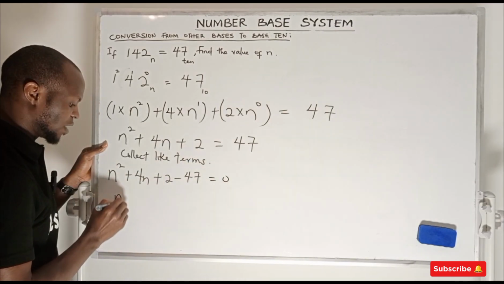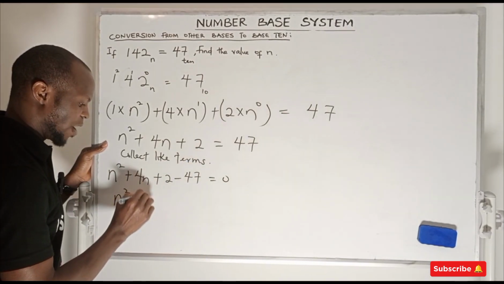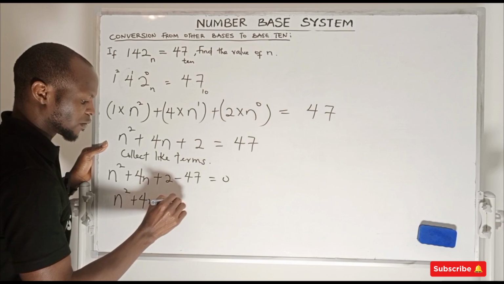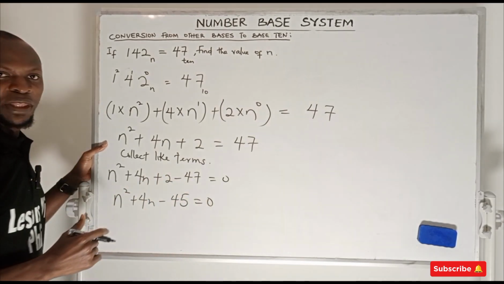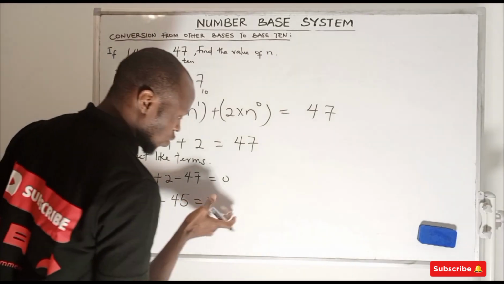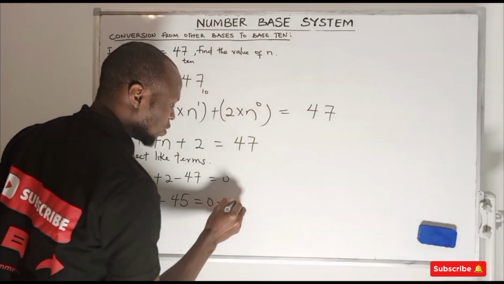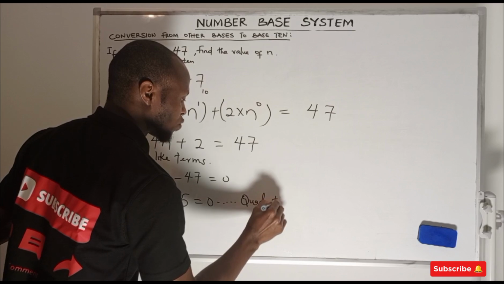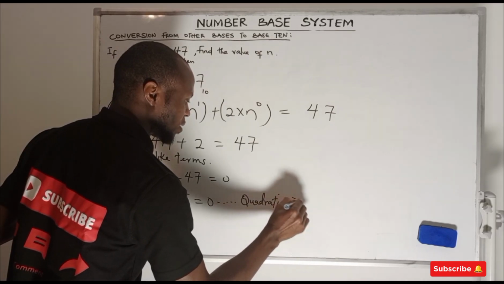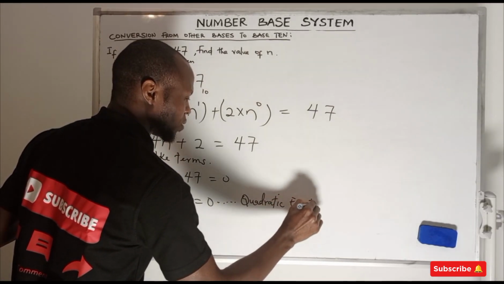That shows that n squared plus 4n minus 45 is equivalent to 0. If you check, this has turned into what we call a quadratic equation.